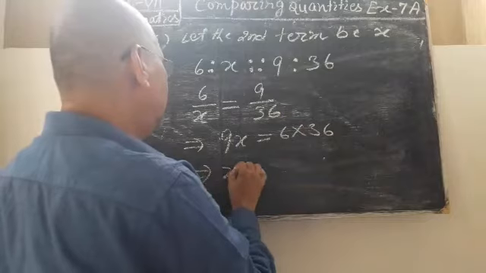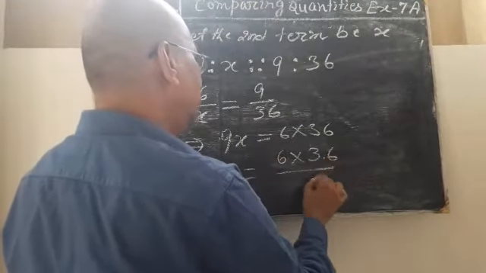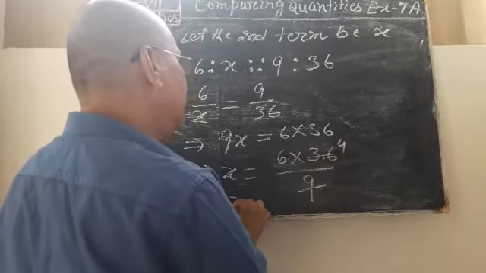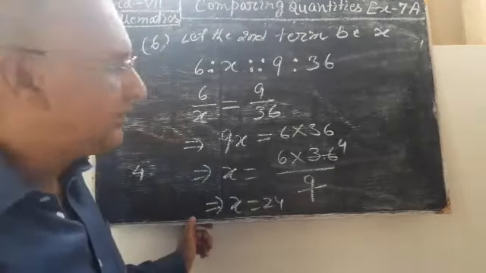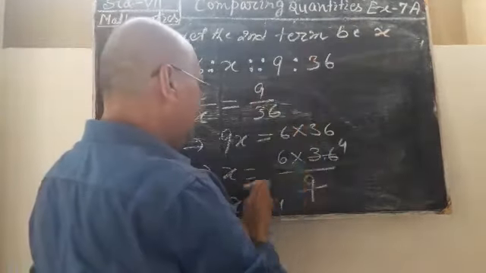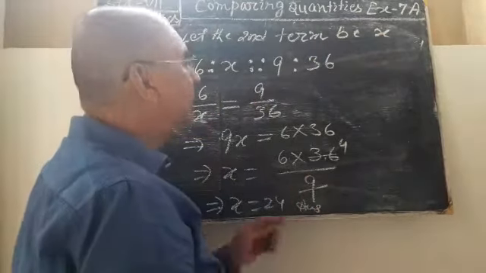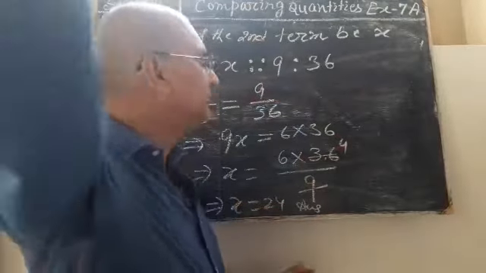This implies x is equal to 6 into 36 by 9. 9 fours are 36, so x is equal to 24. It means the value of the second term x is 24. The second term is 24.